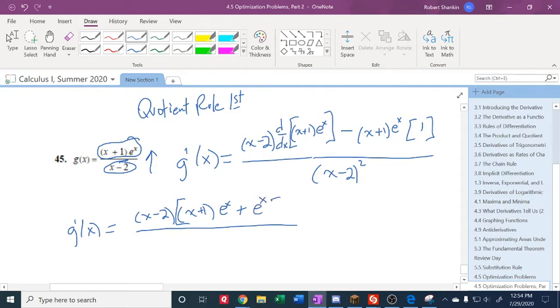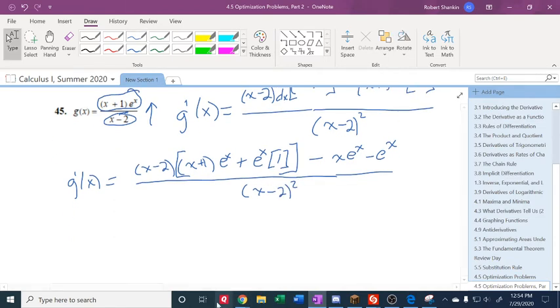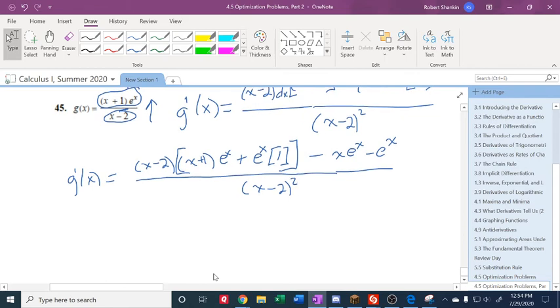When I take the derivative of the first, I get 1, and then I can distribute the e to the x to both. And then on the bottom I have this. And that's pretty much it.